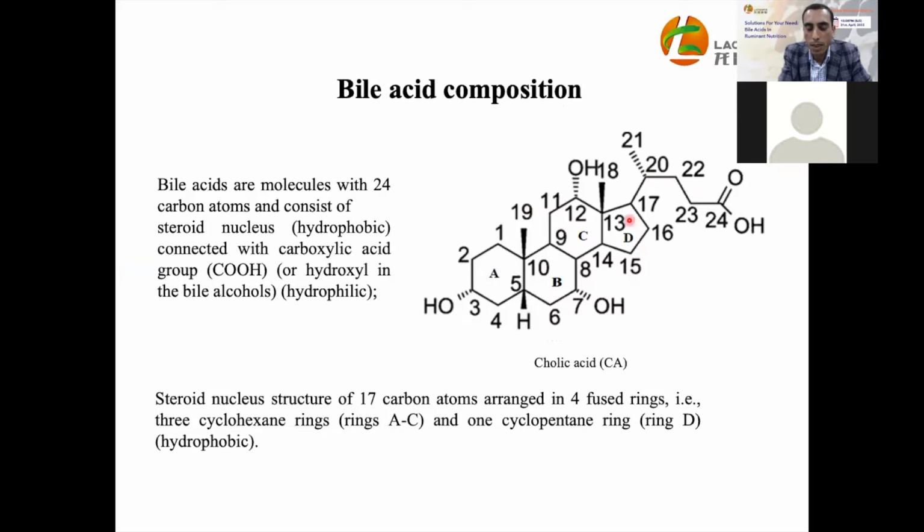The steroid contains 17 carbon atoms and is connected with a carboxyl that contains 7 carbon atoms. So in total, bile acid contains 24 carbon atoms. This is the normal one, and in some cases it contains more carbon atoms, up to 27 carbon atoms.